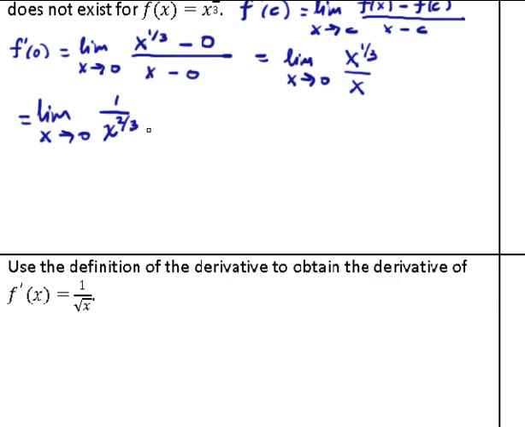Well, when x goes to 0, this denominator goes to 0. So we're in a 1 over 0 situation, and this limit does not exist. So we can conclude that f prime of 0 does not exist.